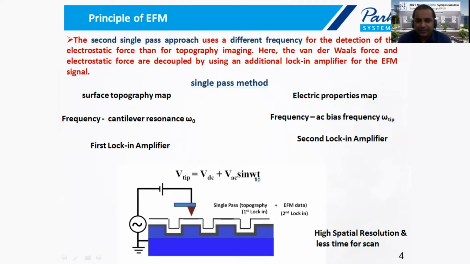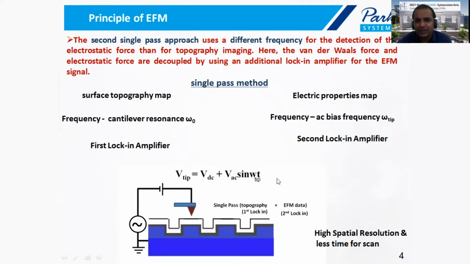At the same time, an AC bias with a frequency omega tip is applied to the cantilever or the tip along with the DC bias.